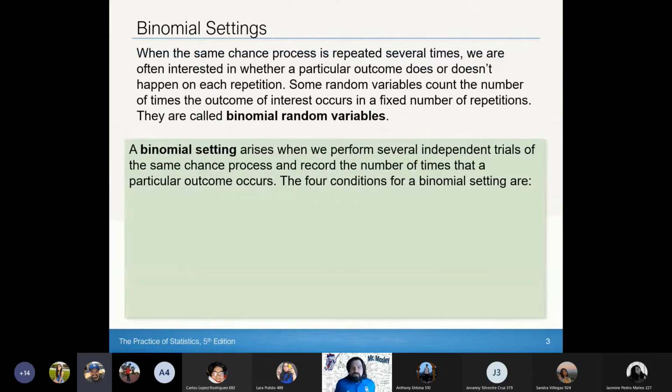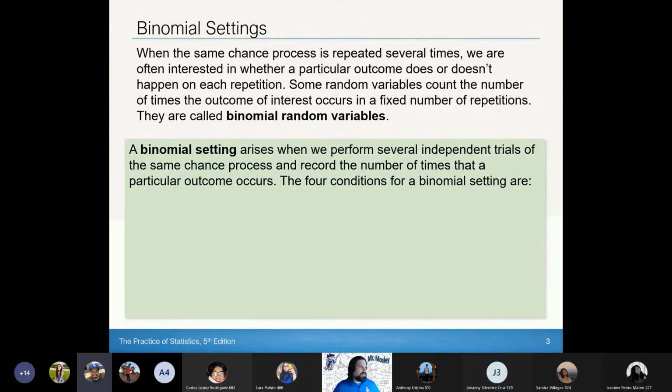So what is a binomial setting? When the same chance process is repeated several times, we are often interested in whether a particular outcome does or doesn't happen on each repetition. Some random variables count the number of times the outcome of interest occurs in a fixed number of repetitions. They are called binomial random variables.